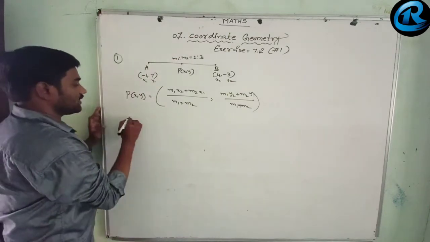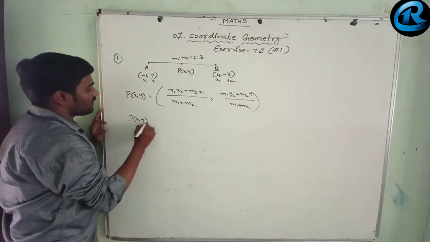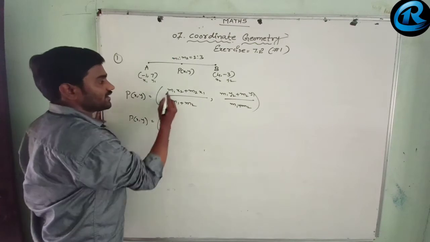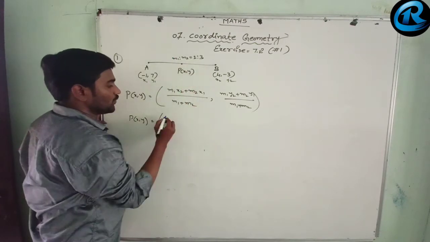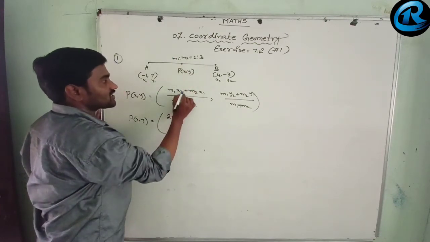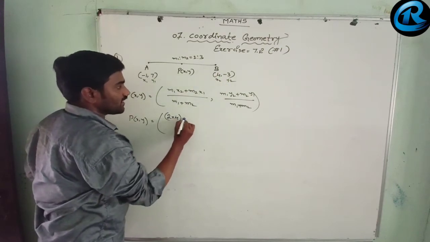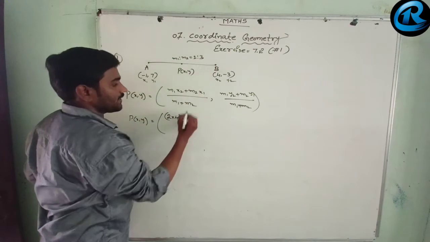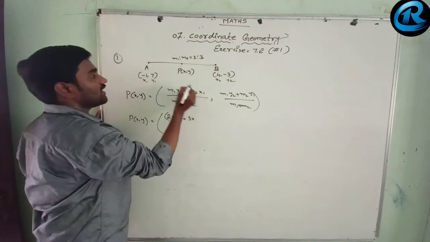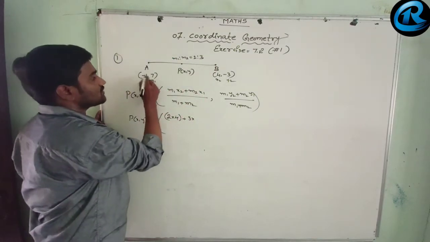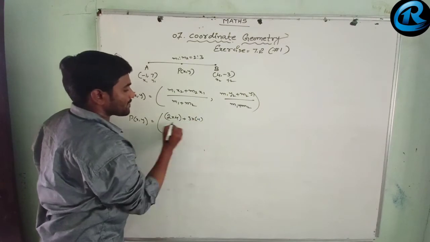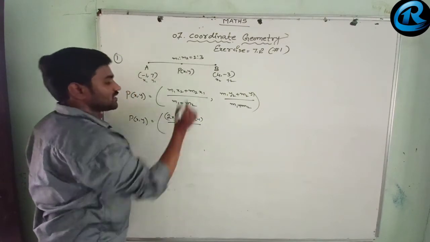Let us substitute. P(x, y) equal to m1 that is 2 into x2 that is 4, slowly substitute the values, plus m2 that is 3 into x1 that is -1, by m1 plus m2, 2 plus 3.